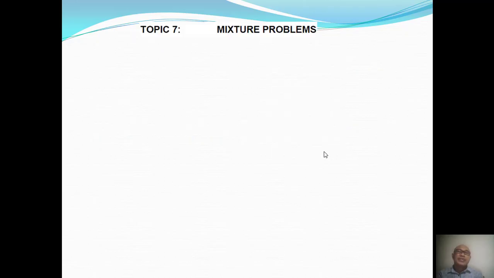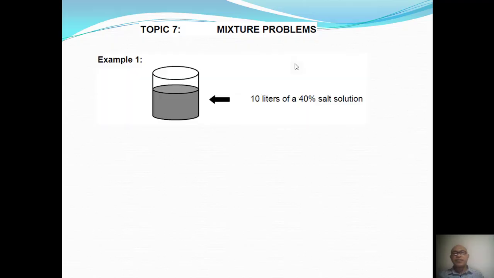Okay. So next topic is about mixture problems. So what is our approach in solving mixture problems? Okay. So we have here the concentration. A solution or mixture is composed of ingredients. Let us say we have 10 liters of a 40% salt solution.